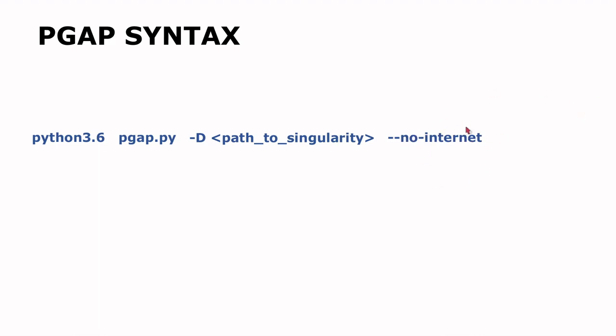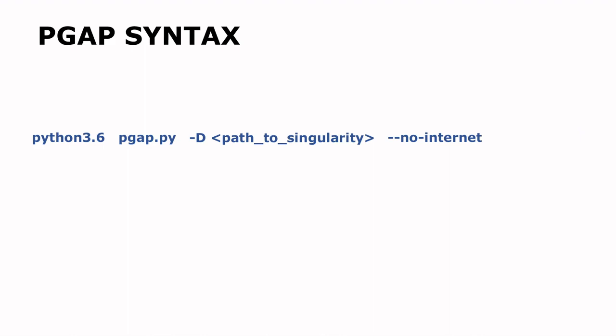So when you don't specify, PGAP also searches online for additional information. Okay, that has to do with the database it has online. But if you don't want that, you can just use the no internet and it will only use the database locally.